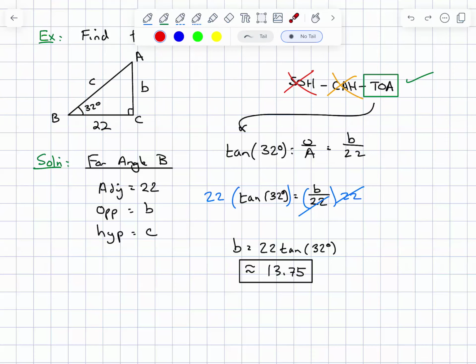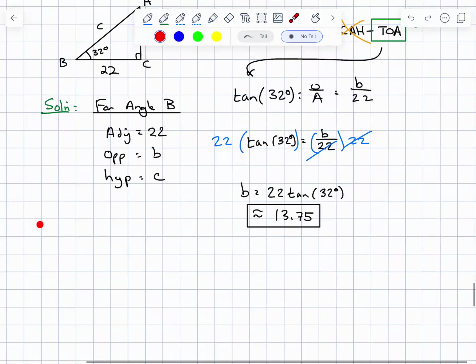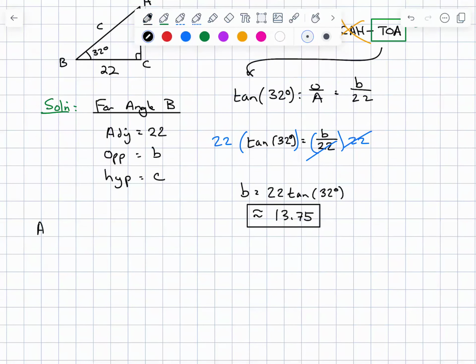If writing it as tangent of 32 degrees is freaking you out a little bit, you can always write down the approximation of that number first. So I'll say alternative: if you don't like writing tangent of 32 degrees a lot, you can just calculate it off the hand.